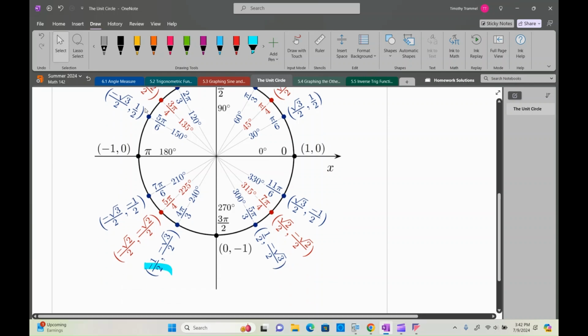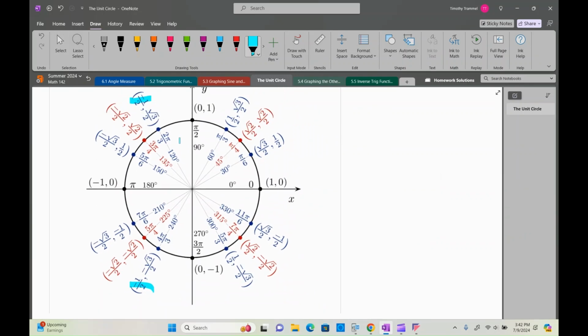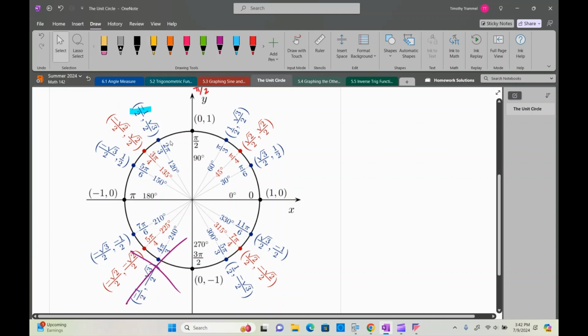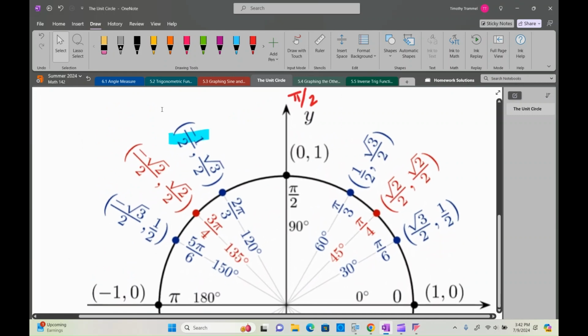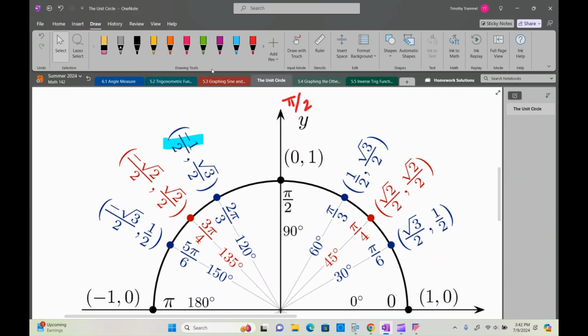Now, only one of those two highlighted ones is between 0 and pi. Right? This angle 4 pi over 3, that's bigger than pi. So that can't be the one. So our answer here must be 2 pi over 3. And so we'll go record that.